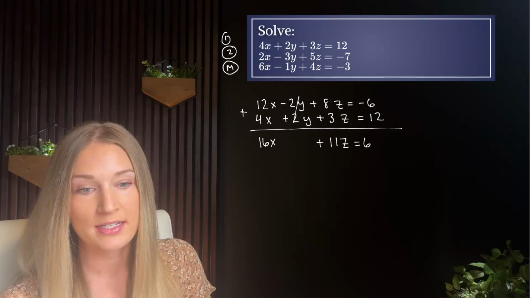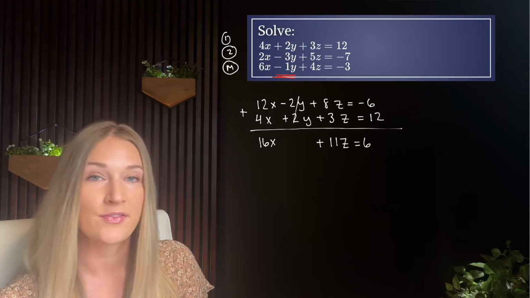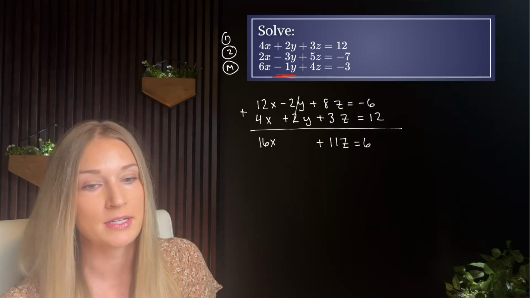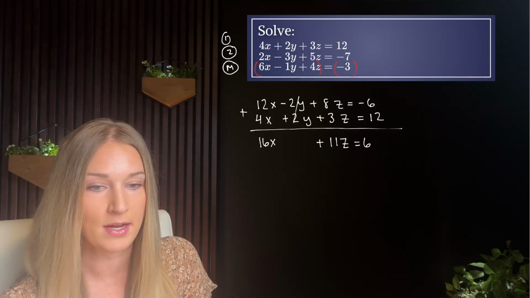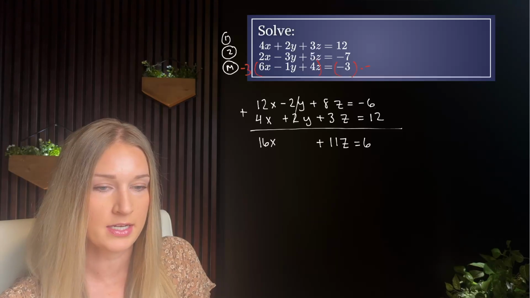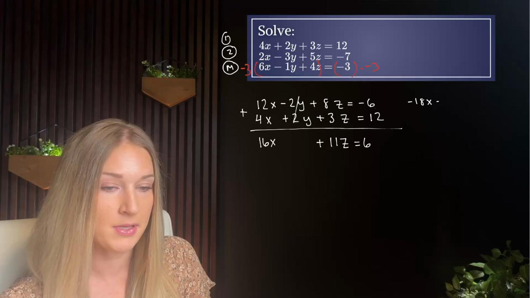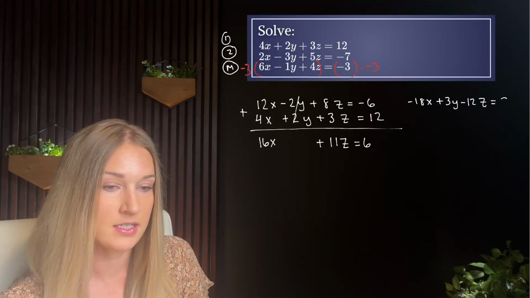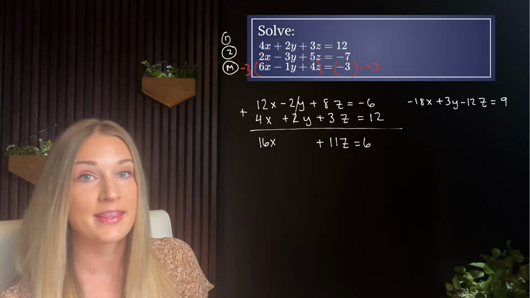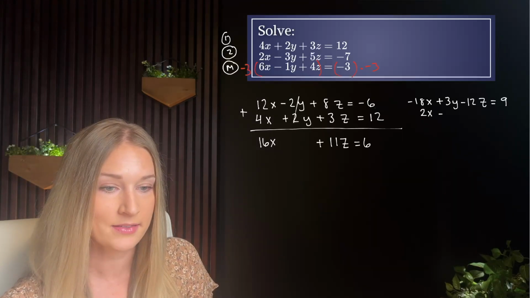So I know that I need to multiply this negative 1 here by negative, and if I want it to be 3, I'll multiply by 3. So I'll multiply the entire equation on both sides, left and right, by a negative 3. So then that new equation is negative 18x plus 3y, just like we wanted, minus 12z equals 9. And then I take my second equation and I just write it below and I will add.